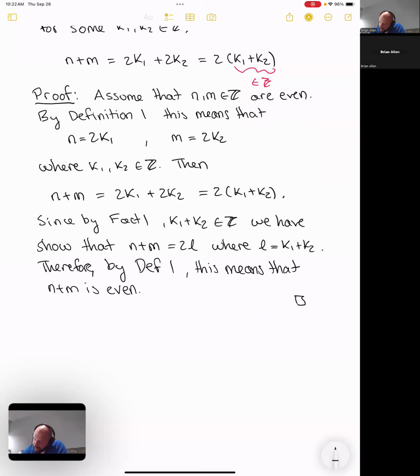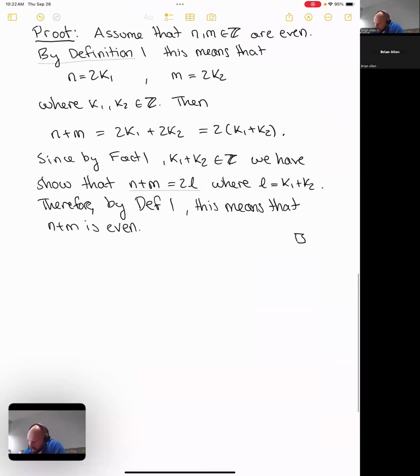Then we unravel that and give a characterization of evenness in terms of other integers and multiplying by 2. Then we have to do something to prove the fact that we're trying to prove, which is the sum of two even integers is even. So we start adding the integers, do some algebra, and then the last part of the proof is to wrap it up and explain to the reader why this has proved what we wanted. Okay, good. So there's a general structure to this proof that will be generally true of most proofs.